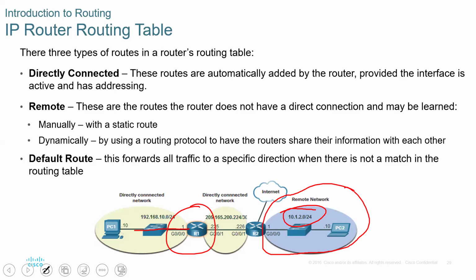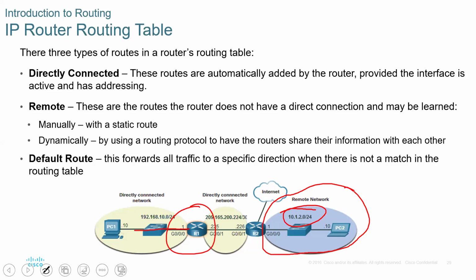So in that case, you will need to add this particular network into the routing table. So these are the routes that the router does not have a direct connection to and may actually learn either manually by inputting a static route or dynamically by using maybe a routing protocol or things like that.